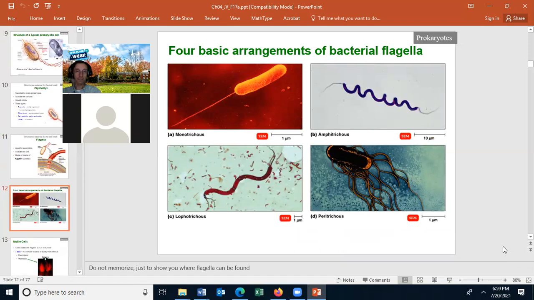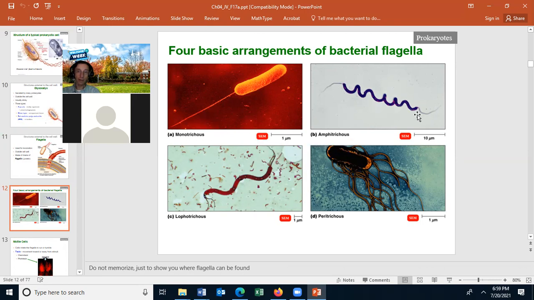I think that's right. You can have 4 basic arrangements of flagella in the cells. And I'm not going to test you on this, but you need to know for one of the labs. So one of the questions in the lab. Monotrichous means the flagella is on one end.